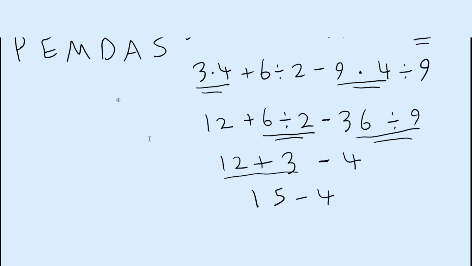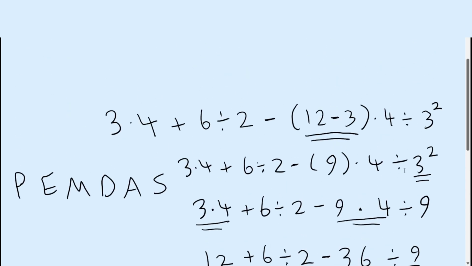So that's all that's remaining right here, 15 minus 4, and that gives us 11. And 11 is our answer. So the answer to this entire expression right here, it all evaluates to 11. And that's how you use PEMDAS.